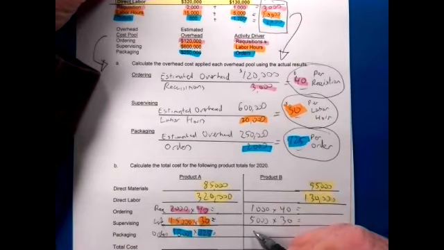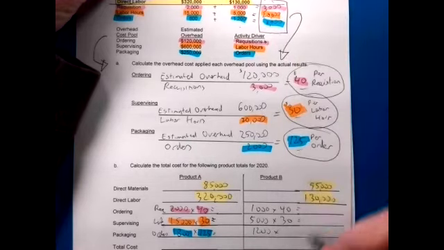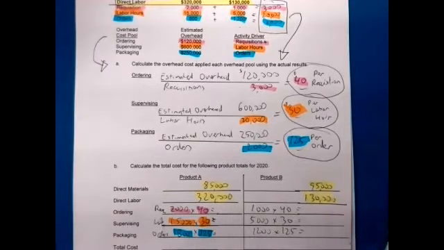And for packaging, they had 1,200 orders times 125.